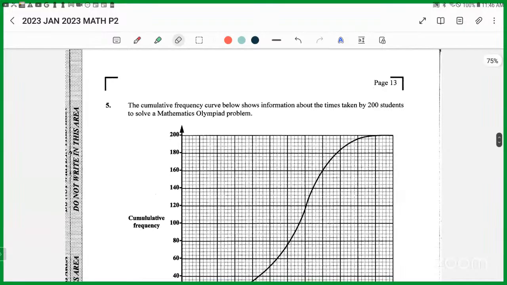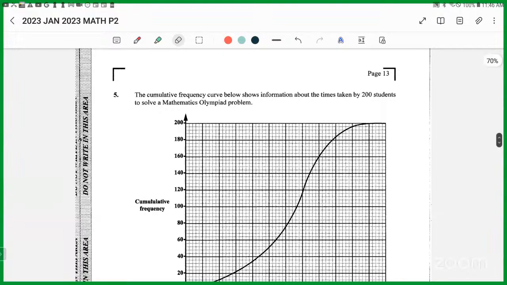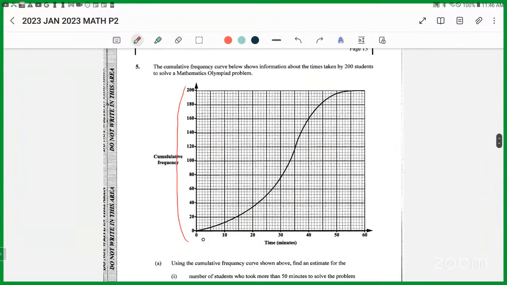All right, so this question gives us a cumulative frequency curve. It shows information about the time taken by 200 students to solve a math Olympiad problem. Remember that the 200 students are arranged from the one who took the shortest time down here, to the ones who took the longest time up here.